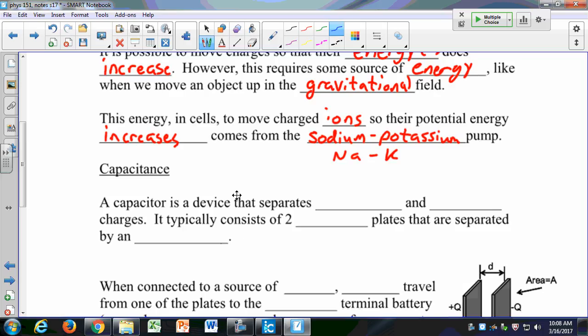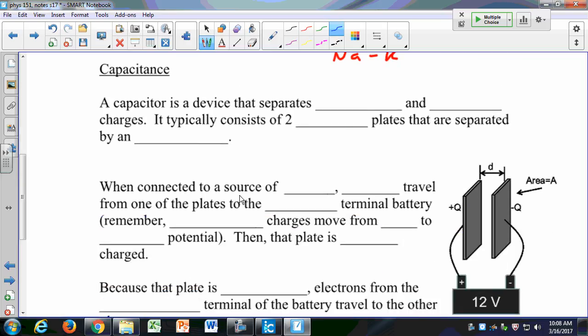Okay? Let's look at capacitance just for a few minutes. A capacitor is a device that separates positive and negative charges. It typically consists of two metal plates that are separated by an insulator.